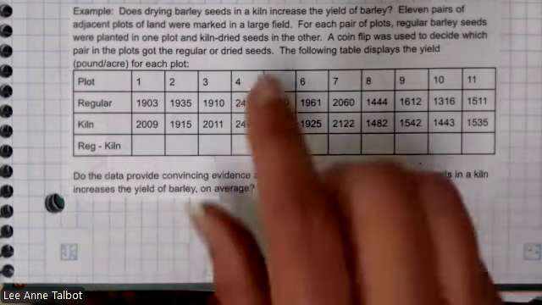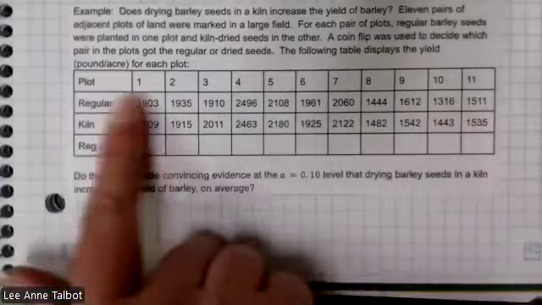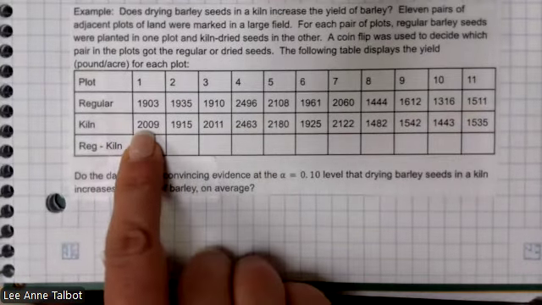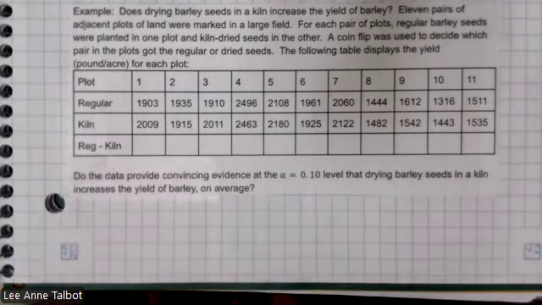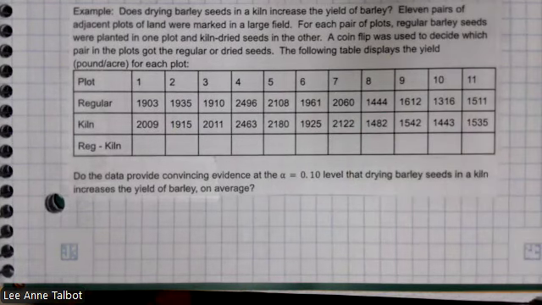Guys, after you paste this in, can you use your calculator to do regular minus kiln in each column, please, and thank you.